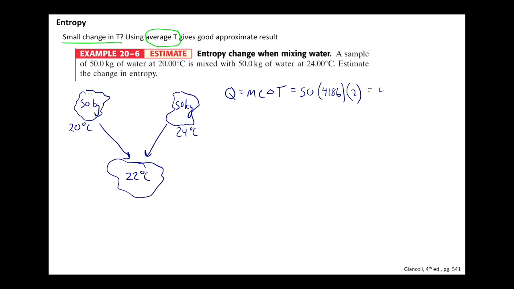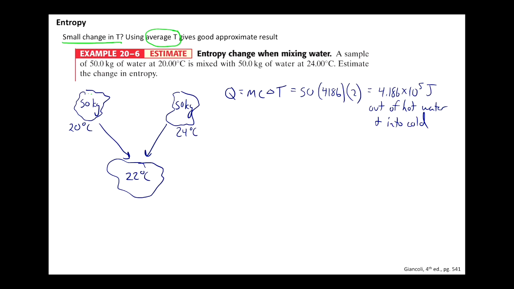So we're going to get 4.186 times 10 to the 5th joules, which is coming out of the hot water and into the cold, resulting in this final equilibrium temperature. So it's this amount of heat which is negative for the hot water and positive for the cold water. Okay?